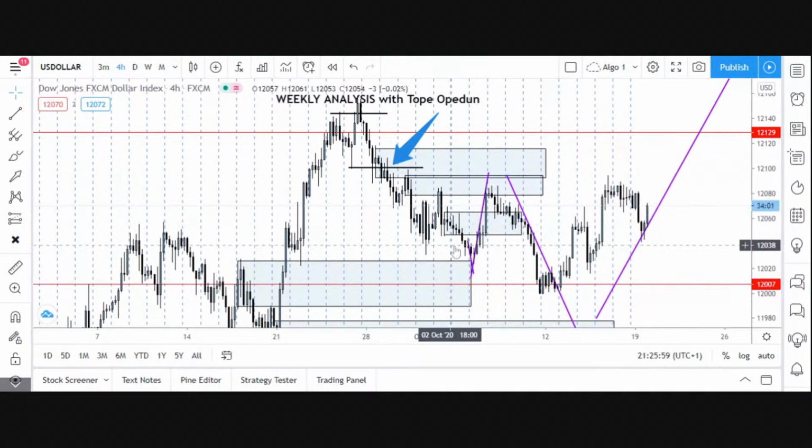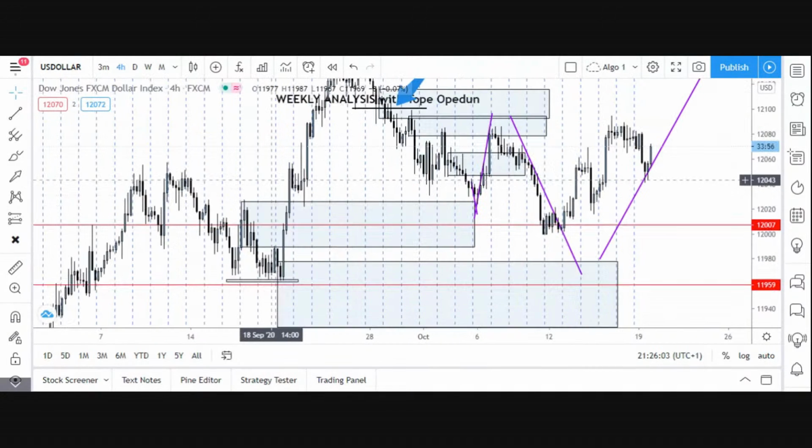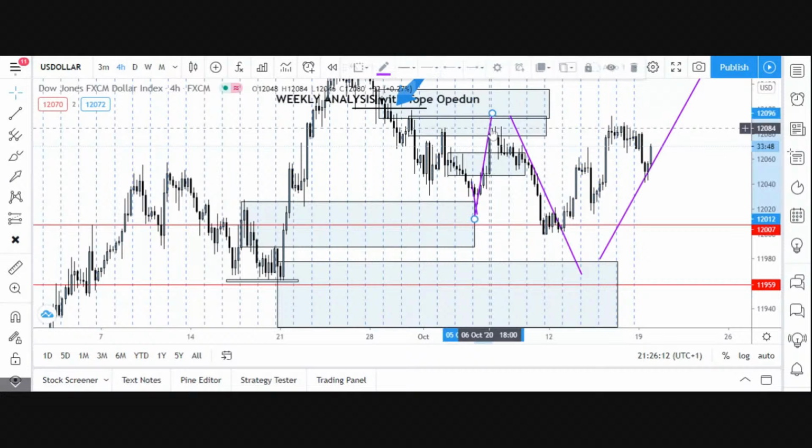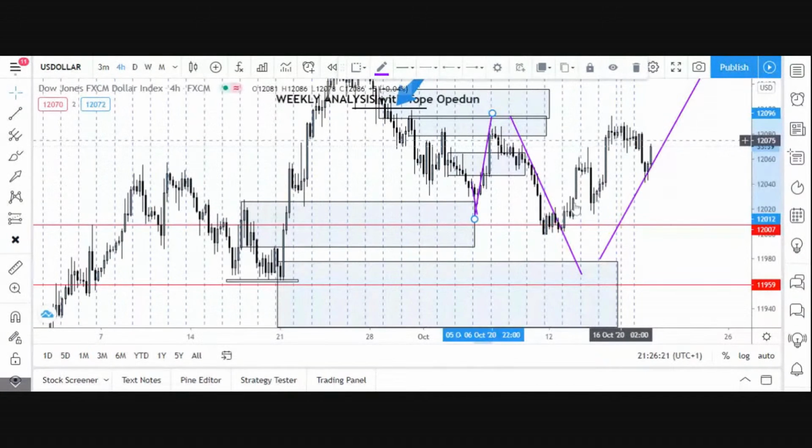What we're looking for is price to come to this zone initially, and then bounce into this range. Like you see, we've marked it and drew it out with the purple line, where we expect some sort of reaction, and we expected price to come back into this range and then go up. And as you can see, price has done that. It's used the zone twice.